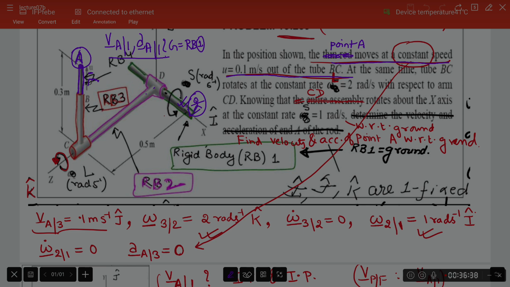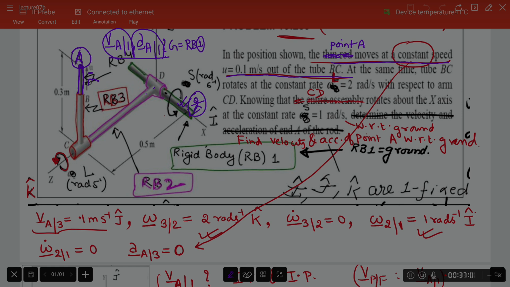In one stroke, it is very difficult to find. And this is where the concepts that we have built so far are going to be useful. We will use the idea of intermediate frame and intermediate point, and then we will use the velocity transfer relationship and the acceleration transfer relationship to ascertain these quantities of interest.